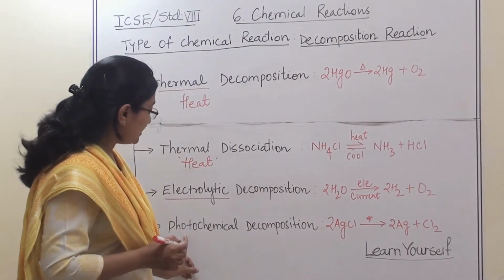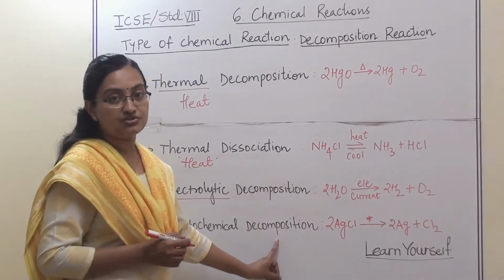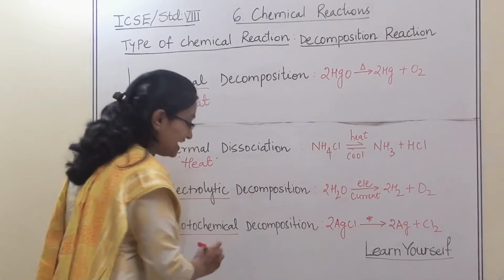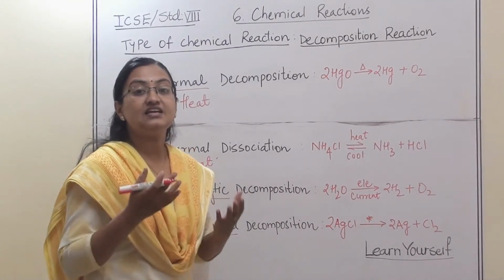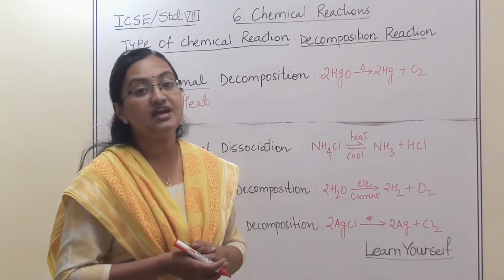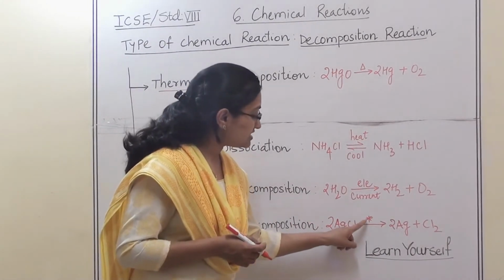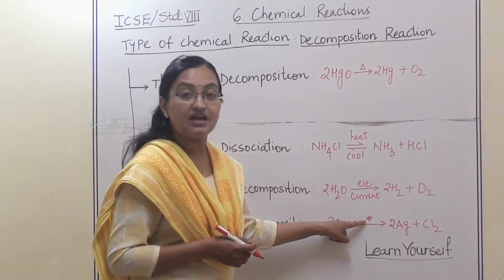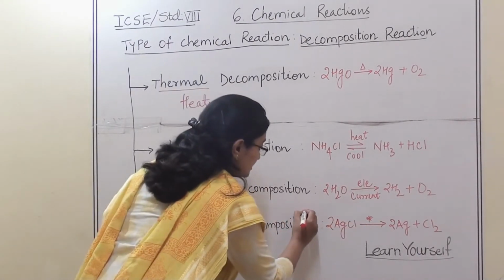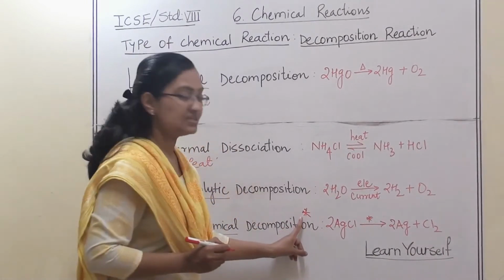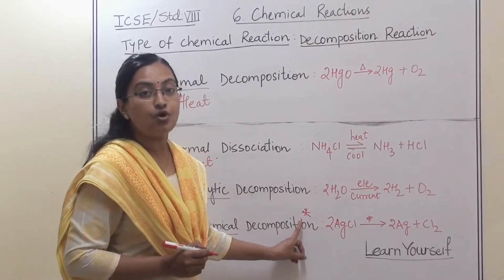Then the fourth one is photochemical decomposition. The name photochemical itself suggests that it occurs with the help of sunlight. For the silver salt, this symbol suggests sunlight. This star symbol we always use for sunlight.